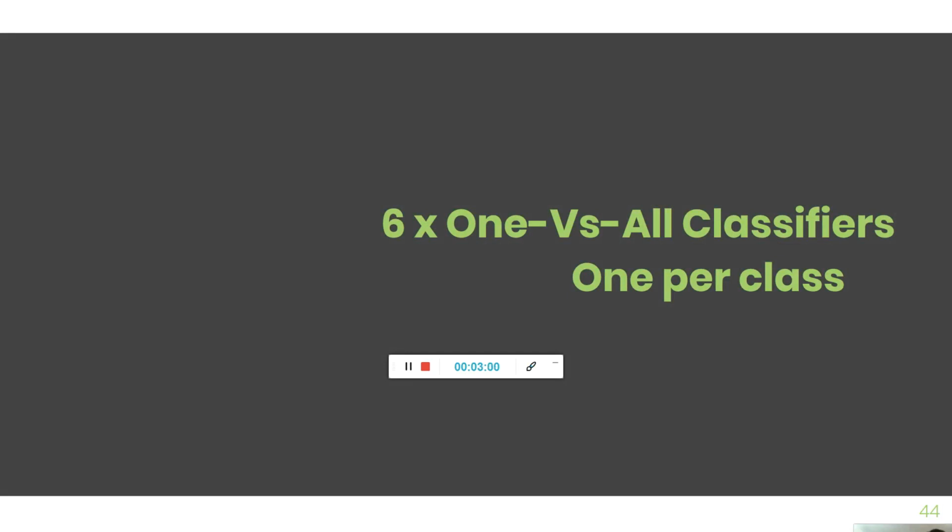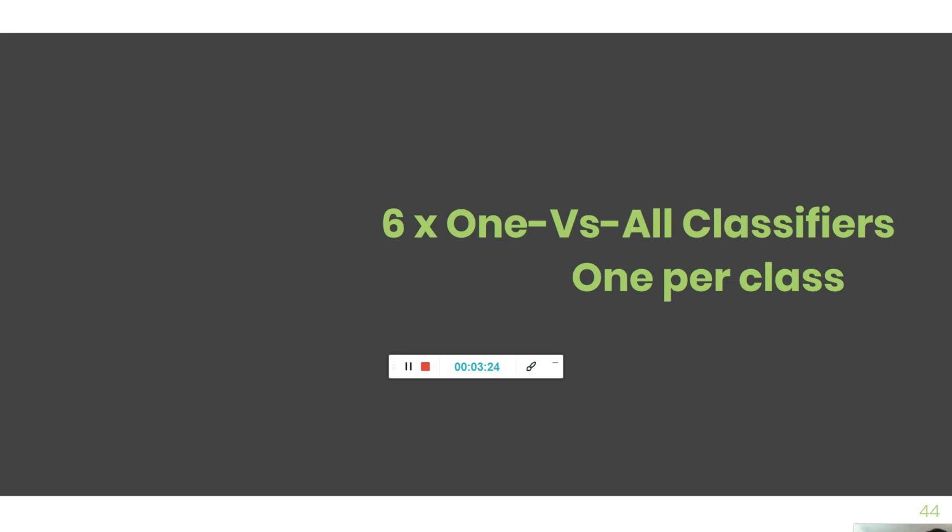So one of the ways we thought about improving the performance of the multi-class classifier, by having a different way to address the data imbalance, is to implement 6 different one versus all or binary classifiers.